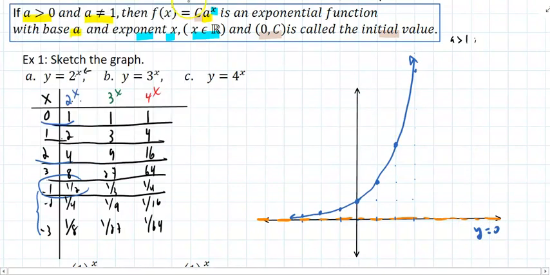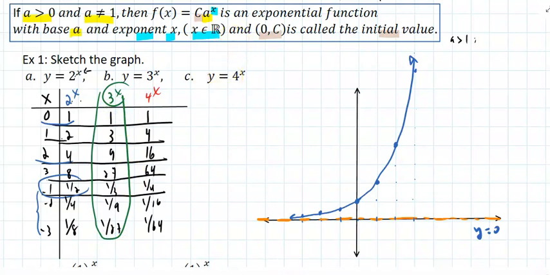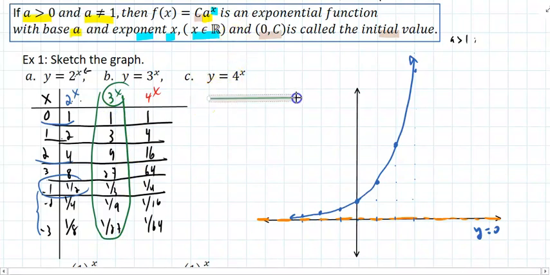If I go for the green, now I'm looking at this column, I want to plot these points. Remember, a is bigger than 0 and not equal to 1. 2 is there, 3 is there, and 4. This is the case when a is bigger than 1.